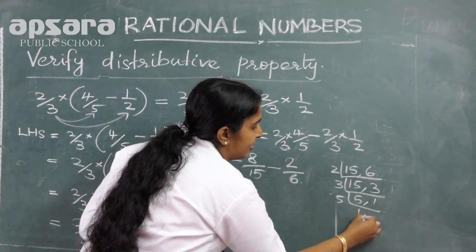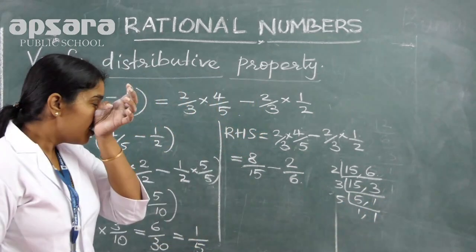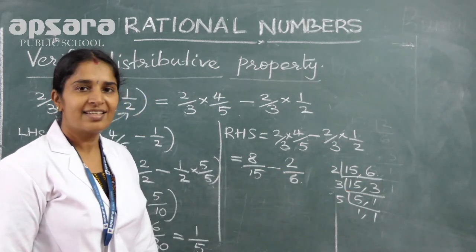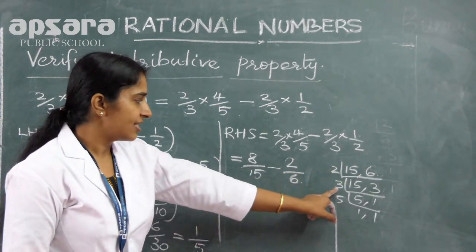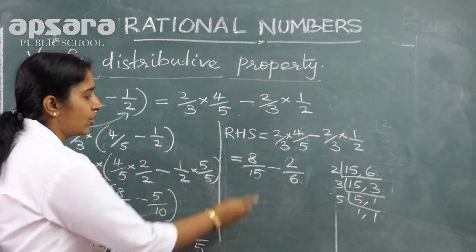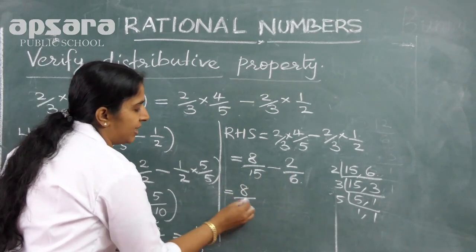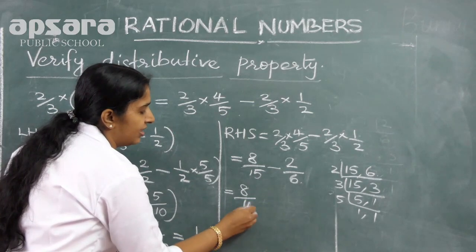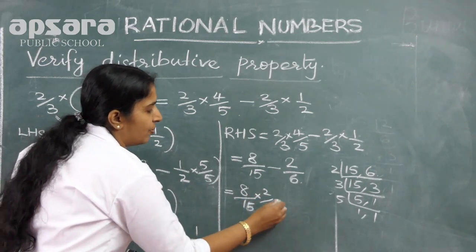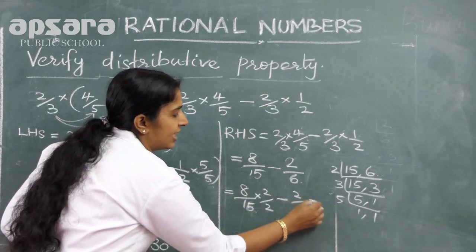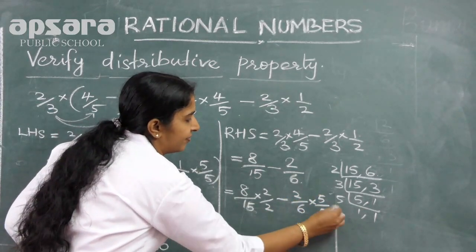So you are getting the LCM of 15 and 6 as 30, right? 2 3s are 6, 6 5s are 30. Now convert these two denominators to 30. How will you do it? 8 by 15 into 2 by 2 minus 2 by 6 into 5 by 5.